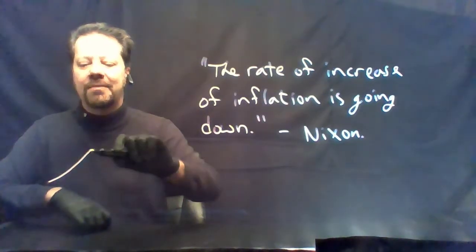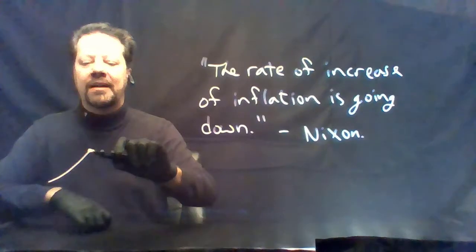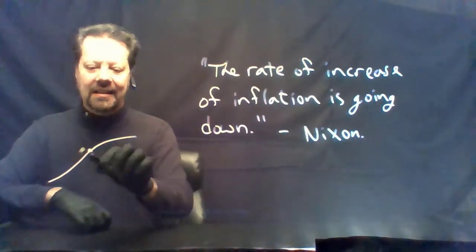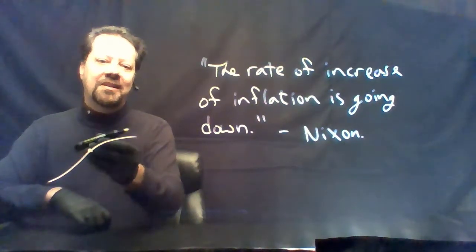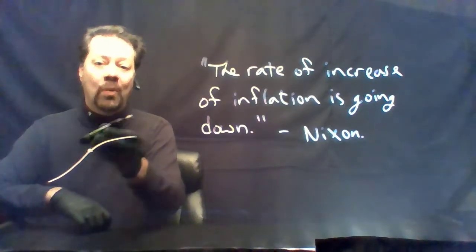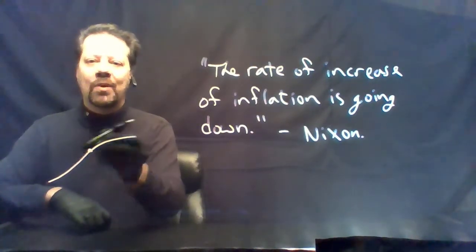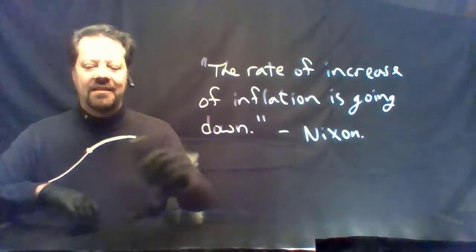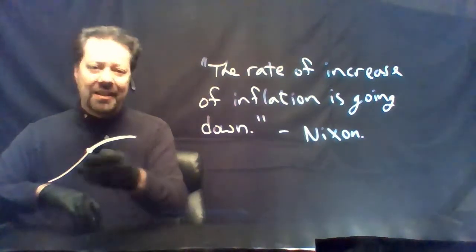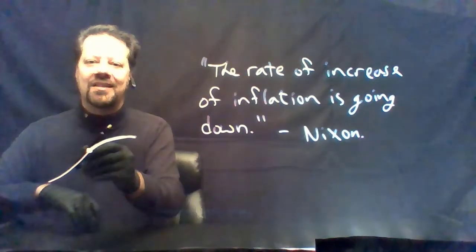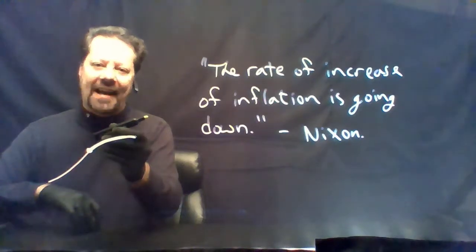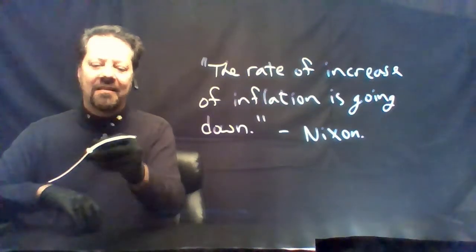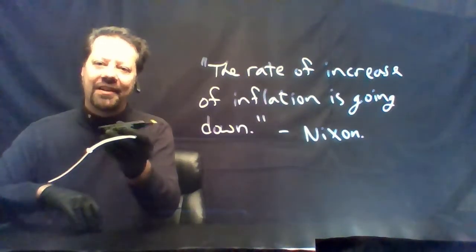So inflation could still be going up, but the rate of increase has declined. The rate of inflation could still be getting worse, just at a slower rate. So he's not arguing that inflation is decreasing, just that it's not increasing as fast as it used to. That says something about the concavity of the curve.